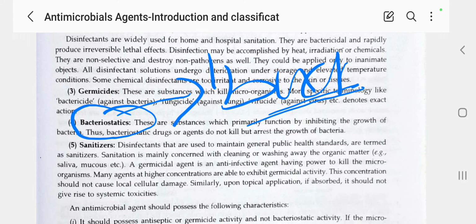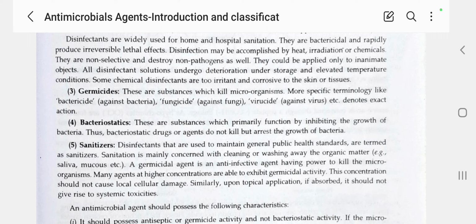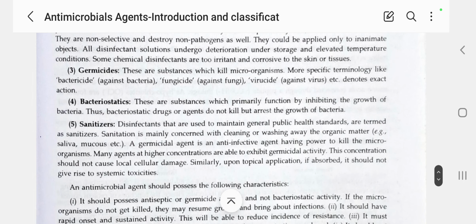Cidal kills or destroys the microorganism, but bacteriostatic only arrests or prevents the growth of microorganisms. These substances primarily function by inhibiting the growth of bacteria. Thus bacteriostatic agents do not kill but arrest the growth of microorganisms.